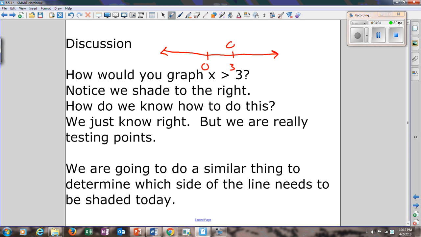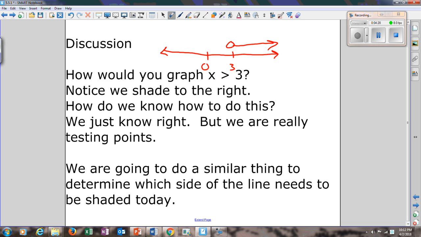A couple people struggled with this. They would just draw a random dot. It's an open circle because it's greater than and not greater than or equal to. And you shade to the right. How do we know how to do this? We just know at this point. But really, we're testing points.